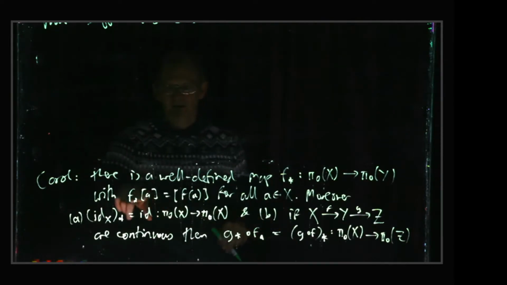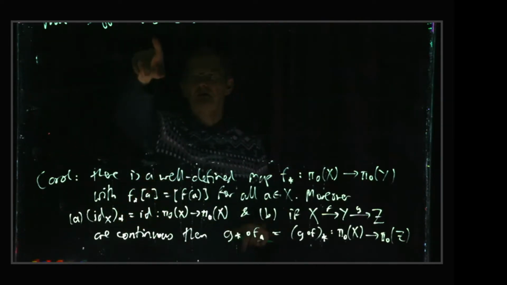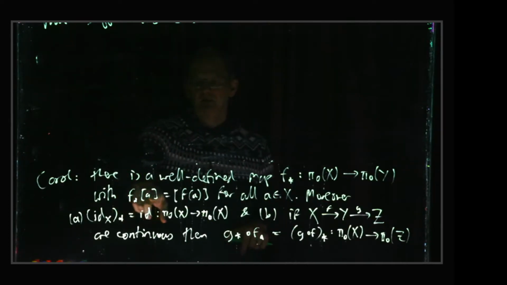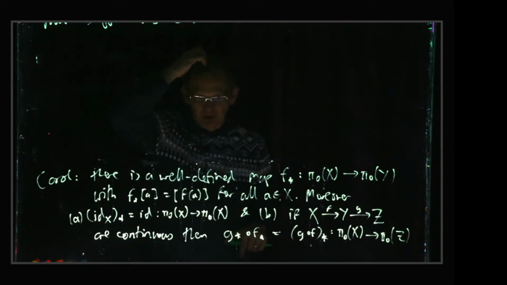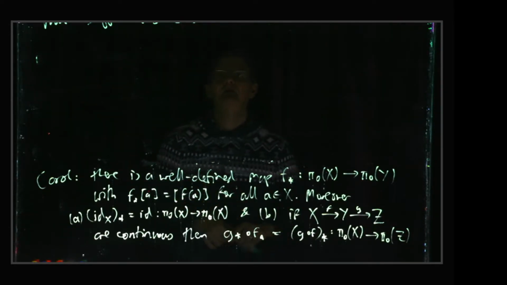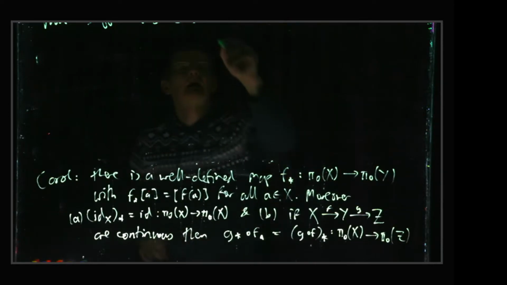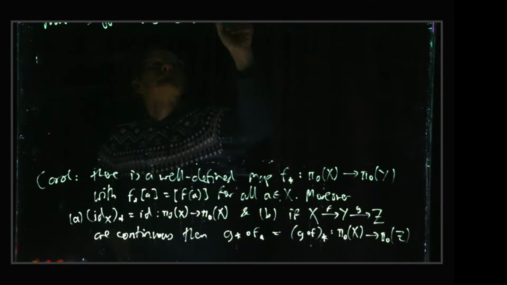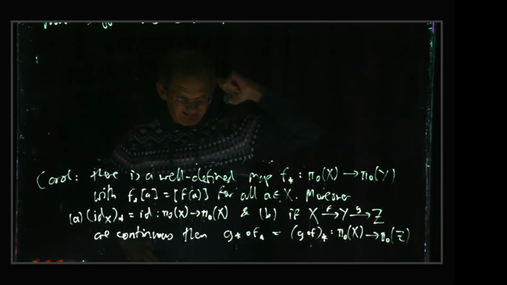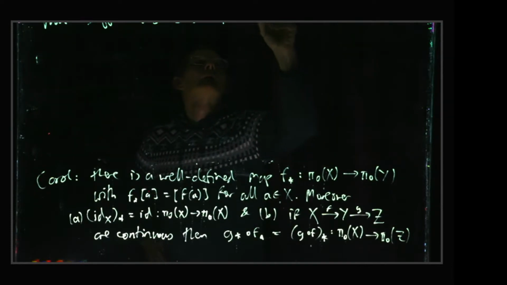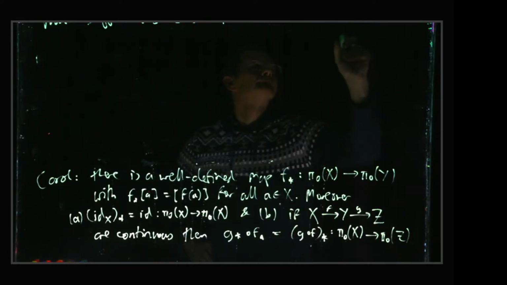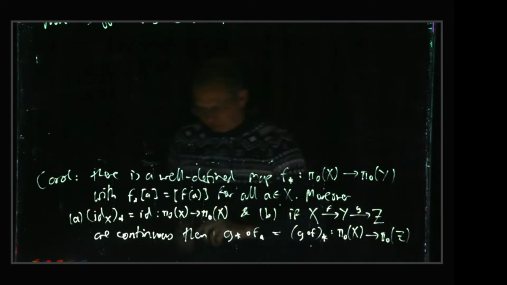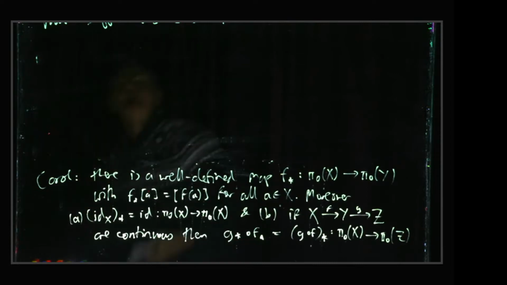Then f lower star should be square bracket f of A, but f lower star of this should also be the same as f lower star of square bracket A prime, which is square bracket f of A prime. I'm sorry, I'm writing too high here.